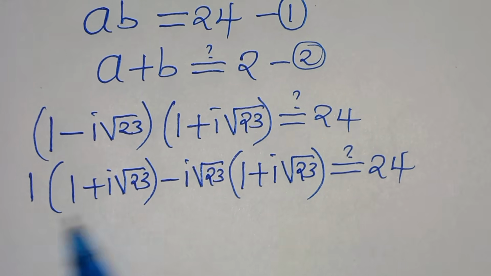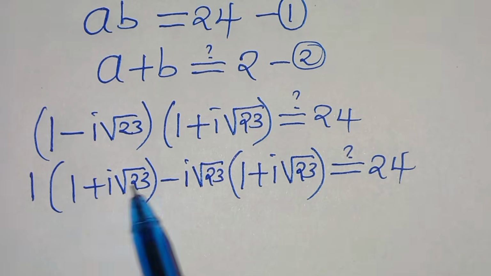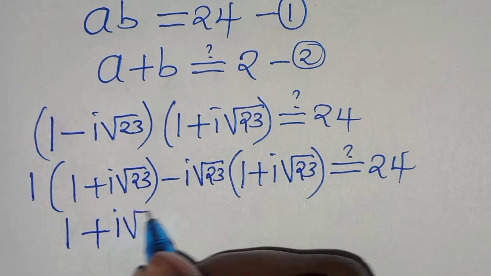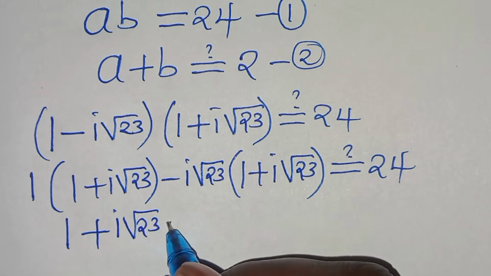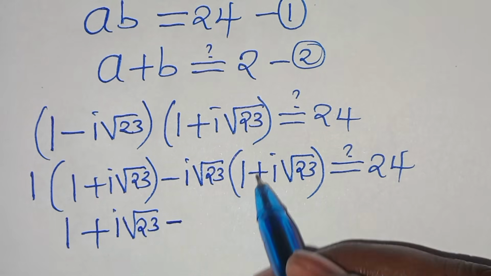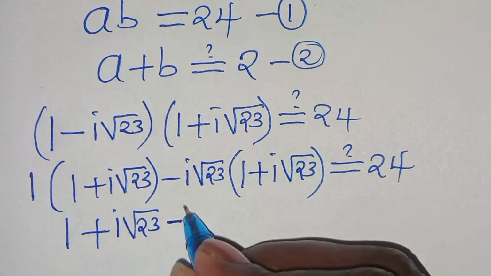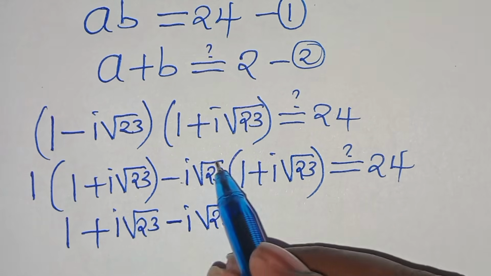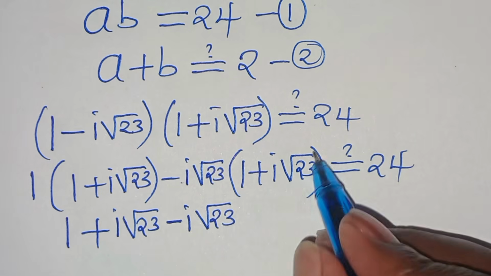Let's open the parentheses here. 1 times 1, this is 1, plus 1 times i square root of 23. Then subtract here. This is i square root of 23 times 1. So we have minus i square root of 23. Then minus i square root of 23 times i square root of 23.